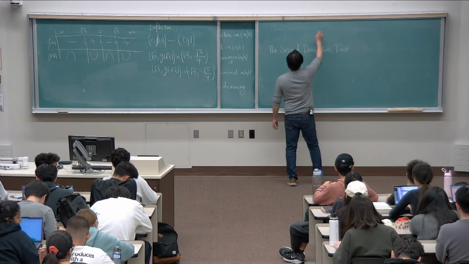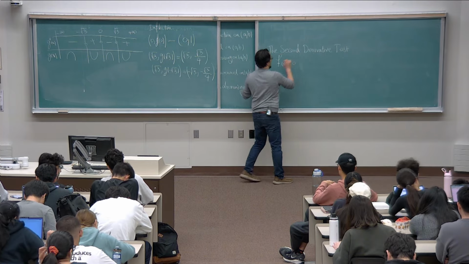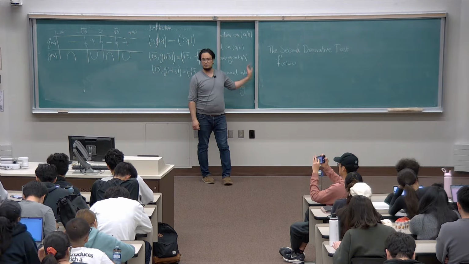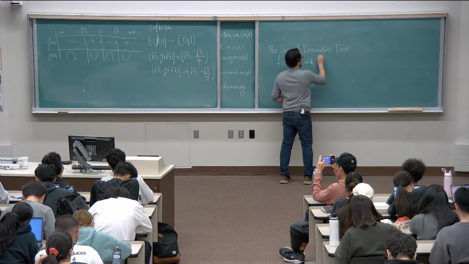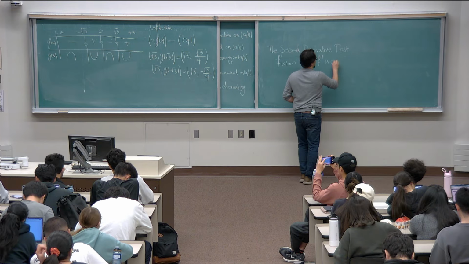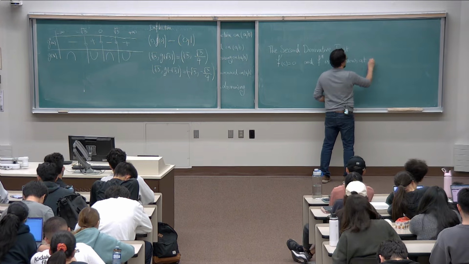Okay, if I have f prime at c equal to 0, it means that it's a critical point, and assume that f double prime is continuous at c.